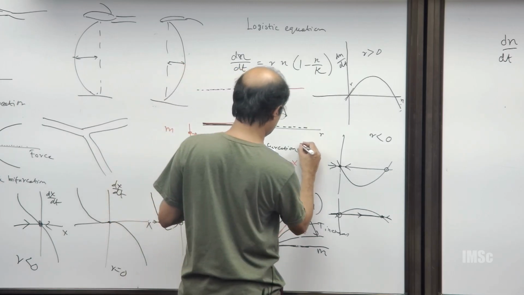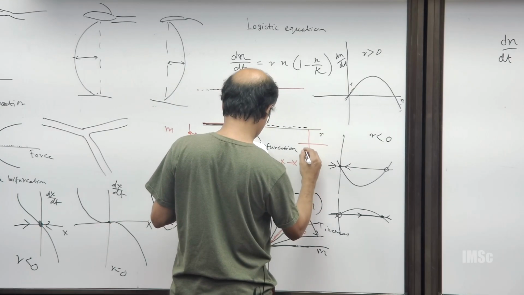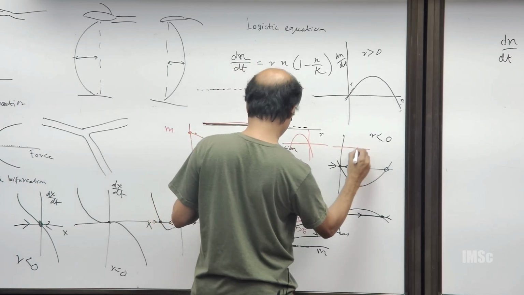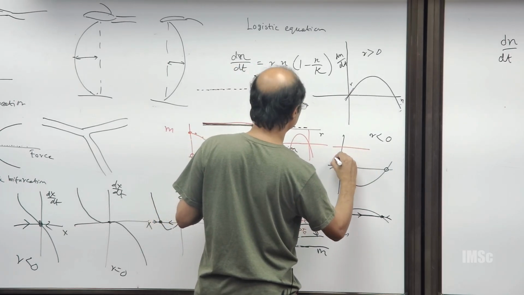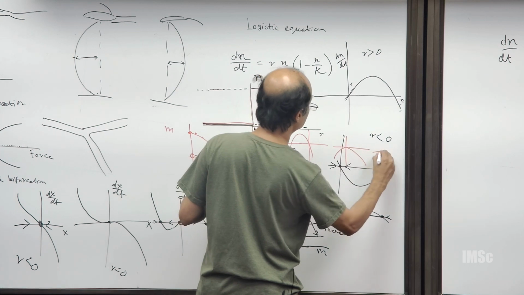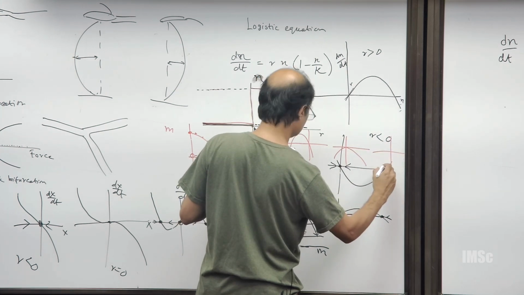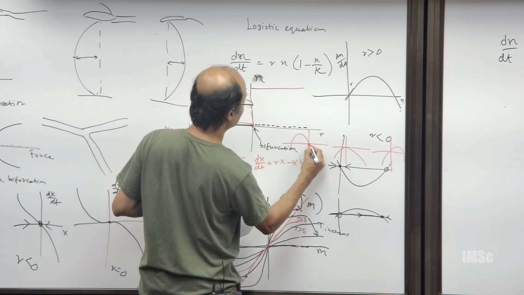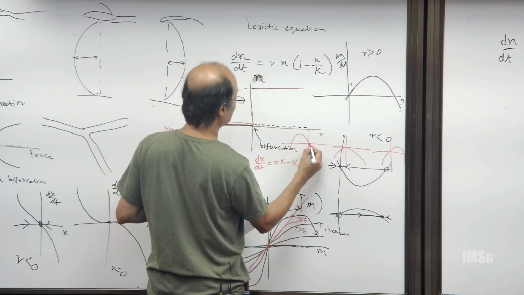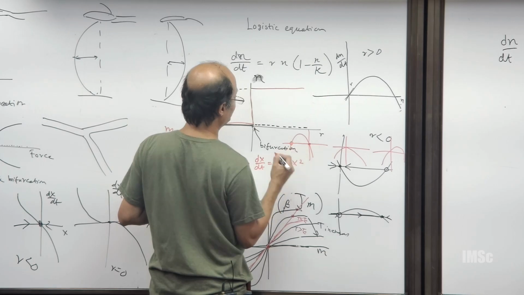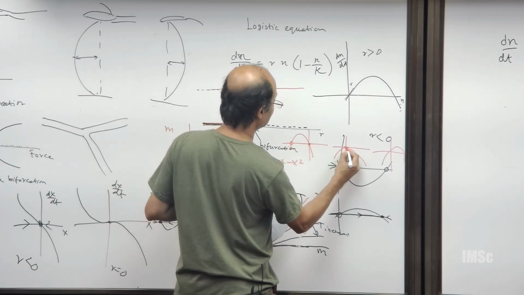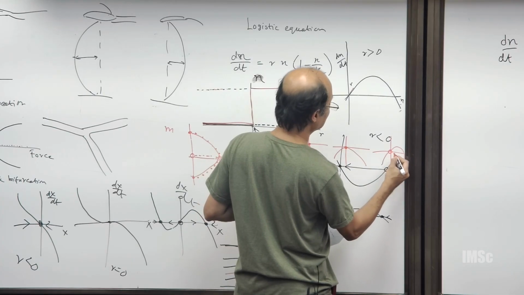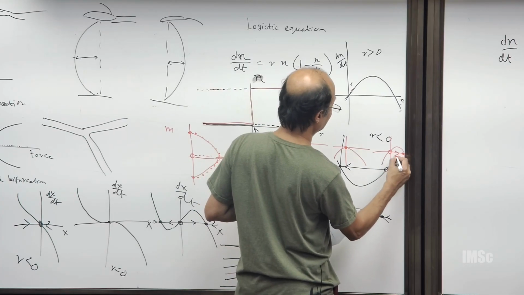So which looks something like this. Here you have a stable point here, unstable point here, here there is a merging, and then after this here is an unstable point and here is a stable point.